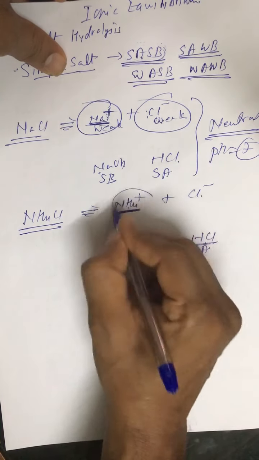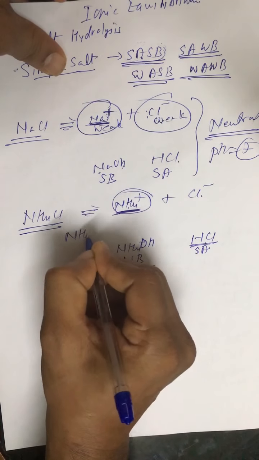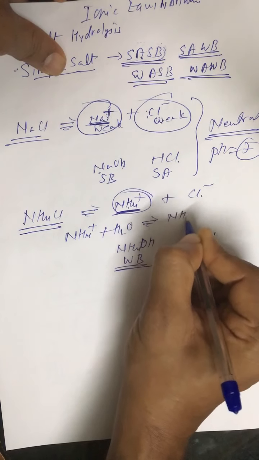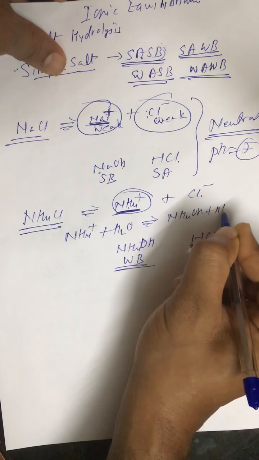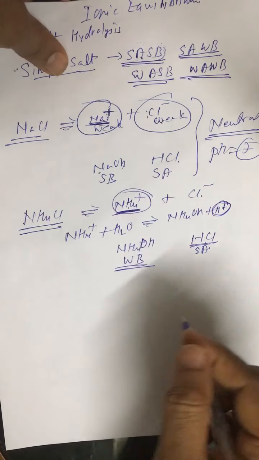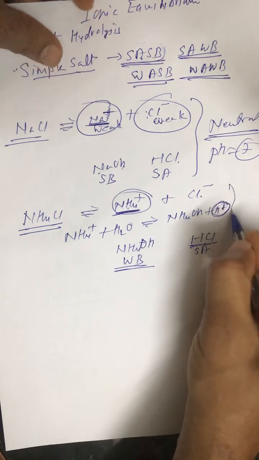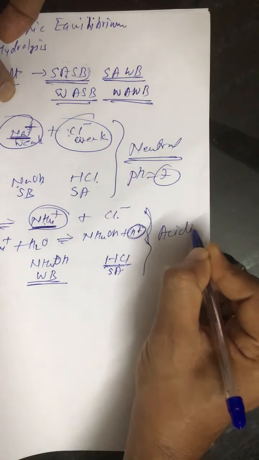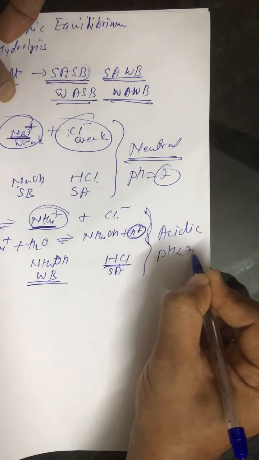Since NH4 positive is strong, it will react with water to produce extra H positive, and due to the formation of extra H positive, the solution becomes acidic. The aqueous solution is acidic and pH is less than 7.